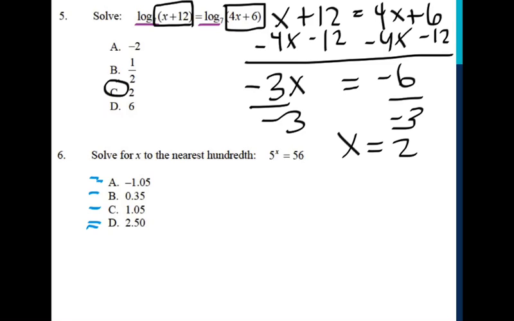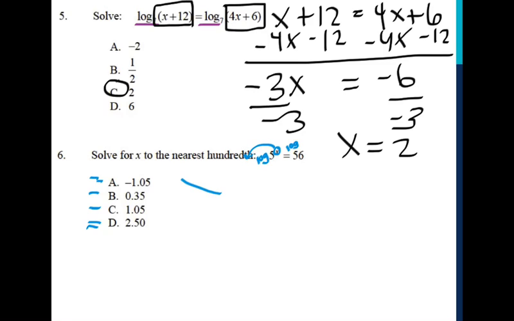How I want you to do it, if you are so inclined, is take the log of both sides. So I've got log of 5^x equals log of 56. Remember the law of logs: with an exponent, you can bring it down in front.